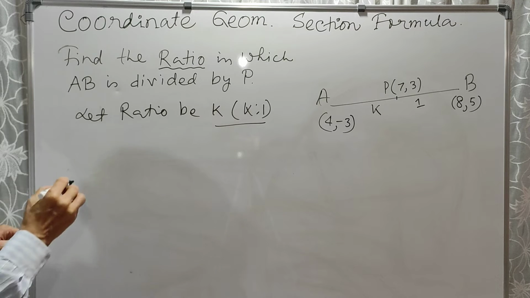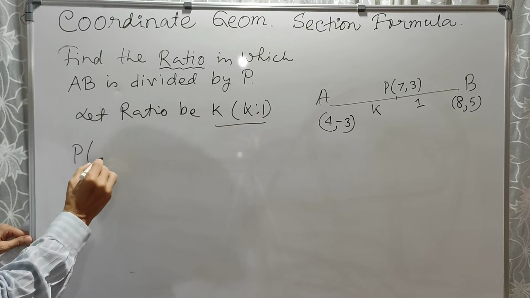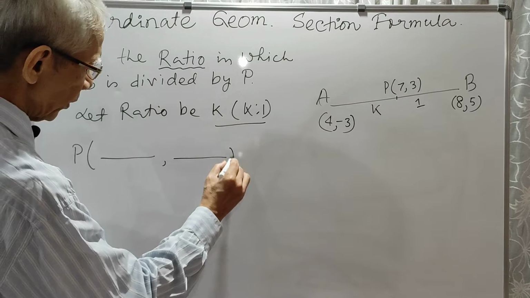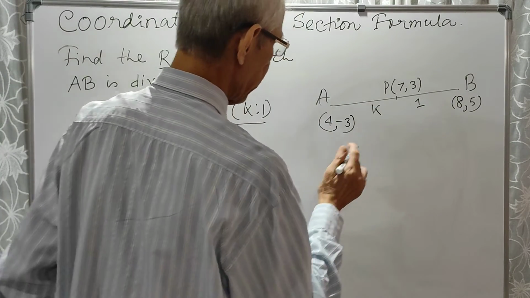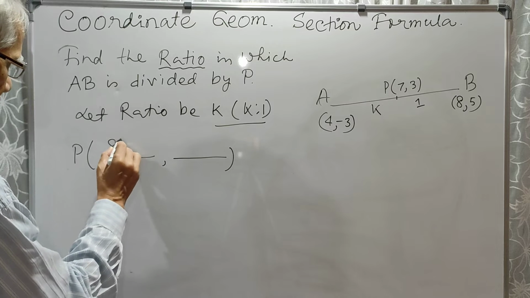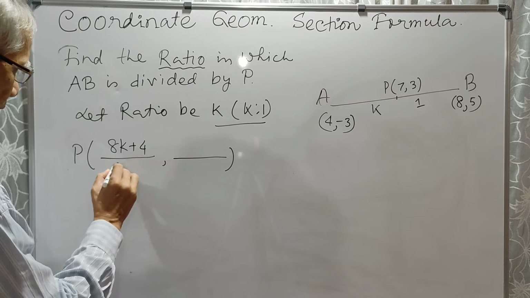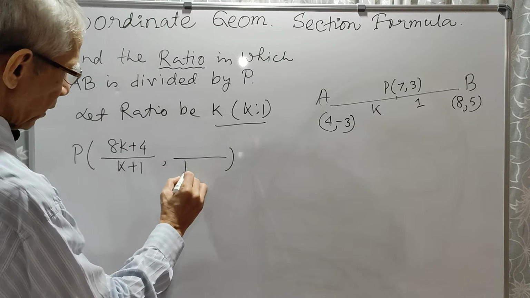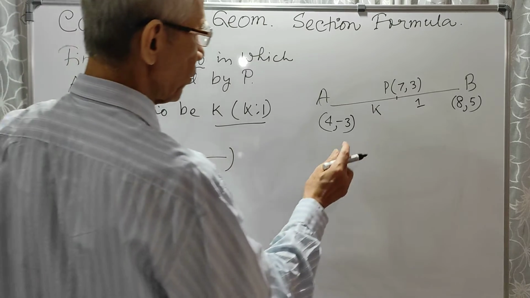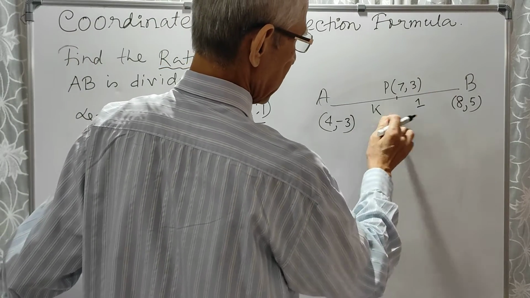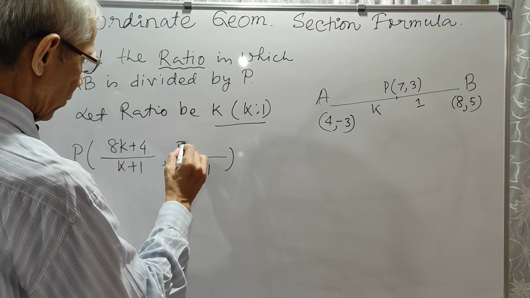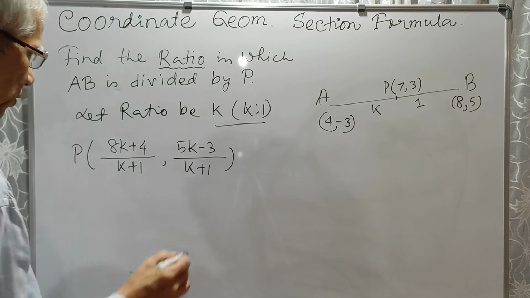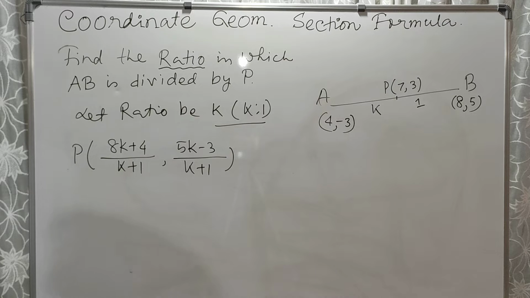Then using the section formula we get P equal to, opposite rule, so 8k plus 4 by k plus 1, and this is also k plus 1. What do you get? 5k minus 3. So 8k plus 4 by k plus 1, 5k minus 3 by k plus 1.